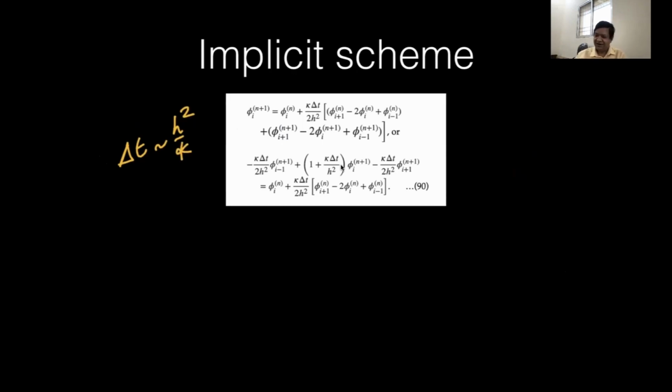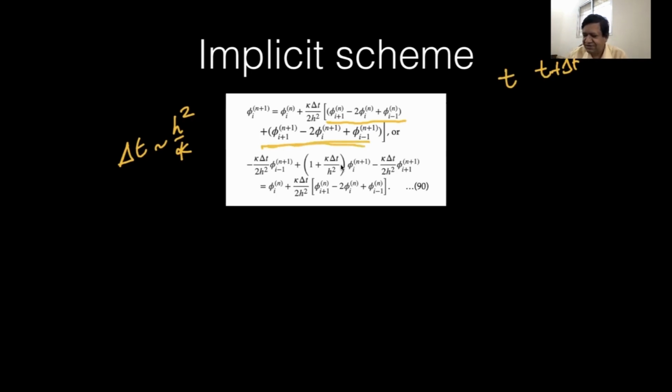So here, instead of computing the derivative at time tn, I can also compute at t plus delta t. So the second derivative is computed not only using the value of the function at t, but also at t plus delta t, which is not available right now.